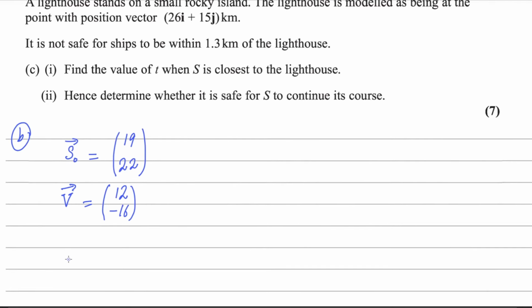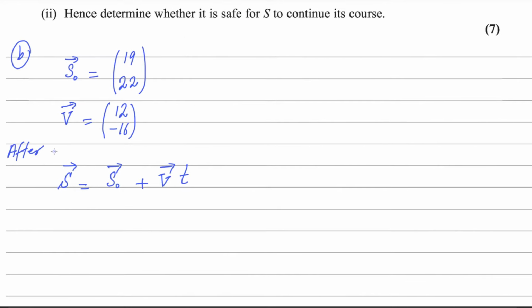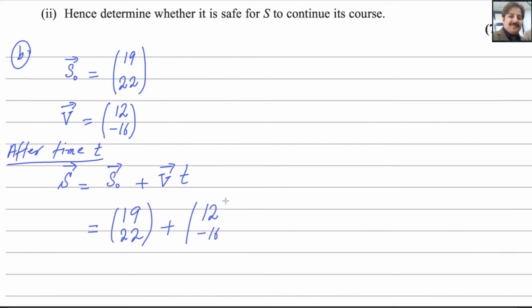Now we need to find the position vector of S after time t. We can make the formula like this: it will be s naught plus vt after time t. Now substitute the values: 19 and 22 here, plus v, which is 12 and negative 16, times t.